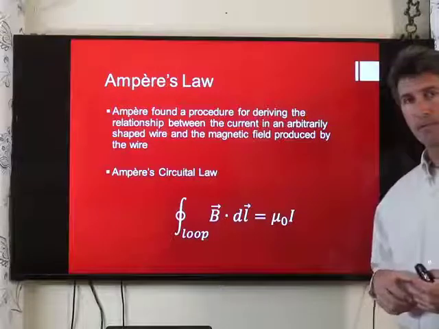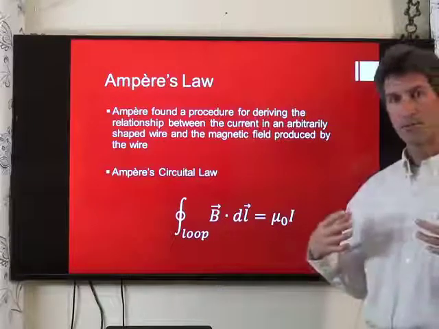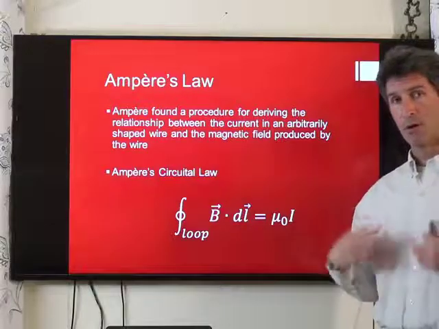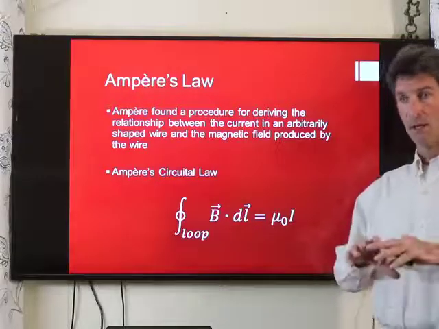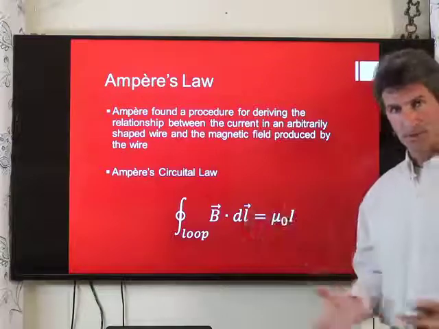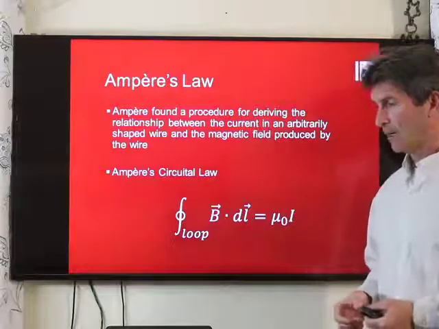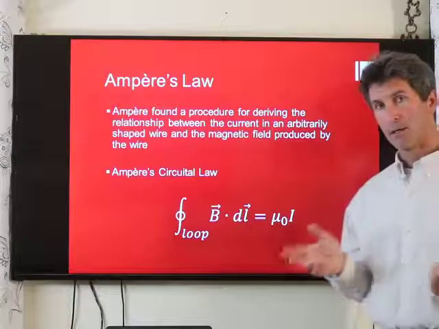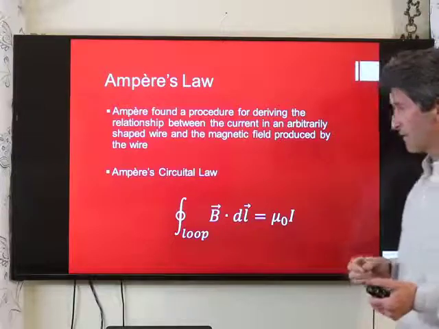In Gauss's law, we looked at the flux passing through an area and set that equal to the amount of charge contained within the surface that surrounded that, and of course multiplied or divided by a constant. Ampere's law is very, very similar in that respect.